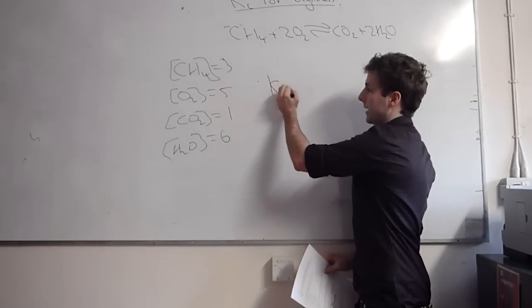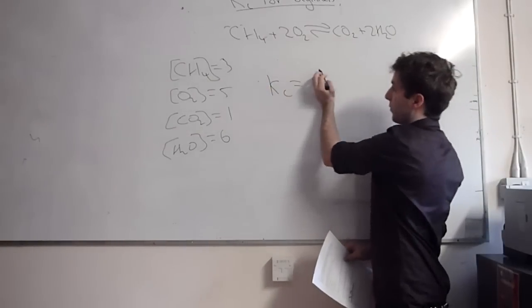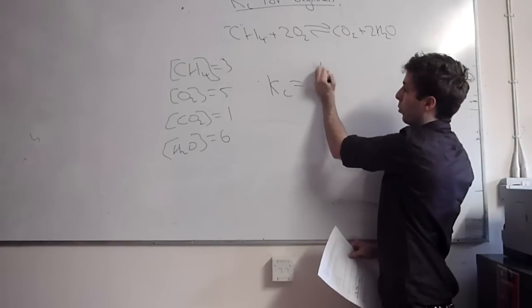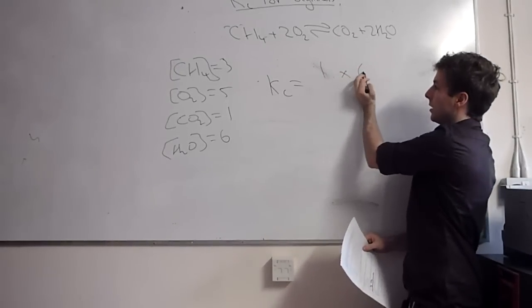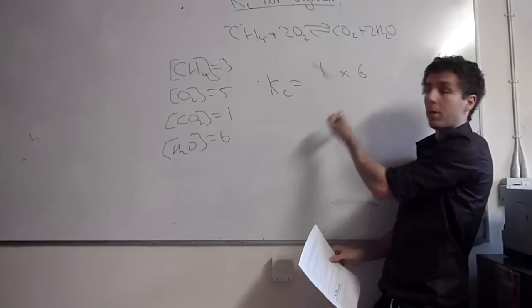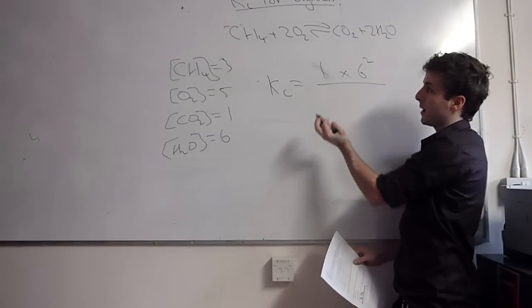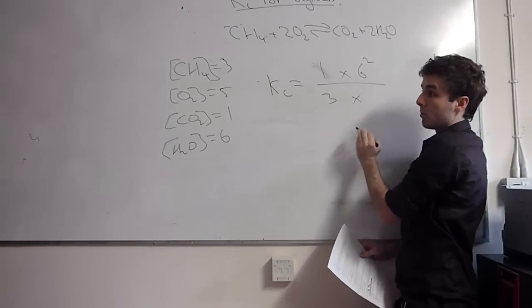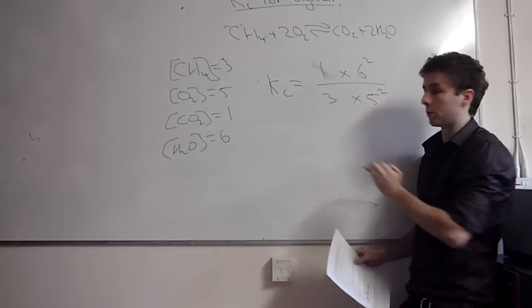So again, Kc is going to equal, there's my products on the top, so CO2 is 1, times by H2O, which is 6, but don't forget, raised to the power of the number, which will be 2. Divide all that by my CH4, which is 3, times by my O2, which is 5, again, that's going to be to the power of 2.